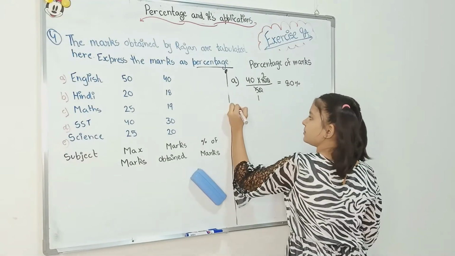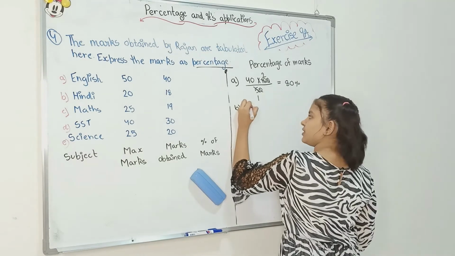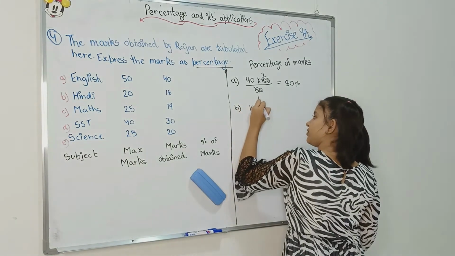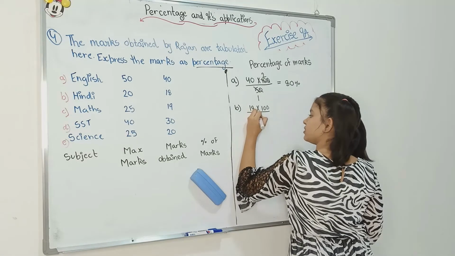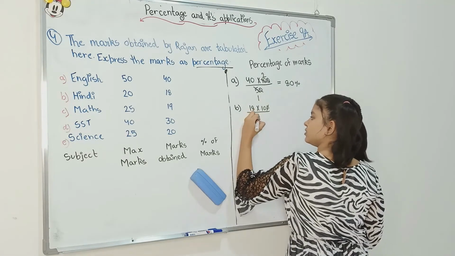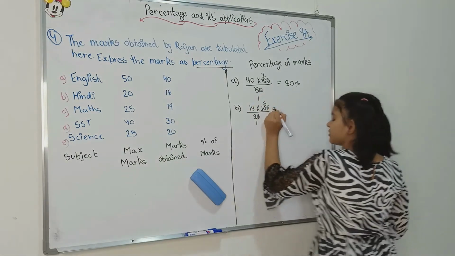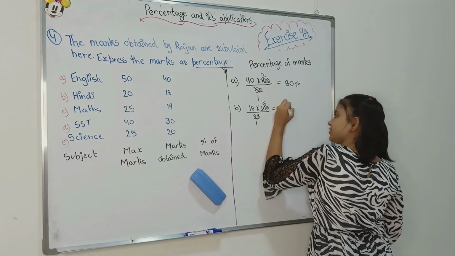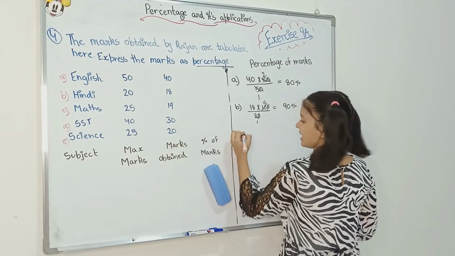Then in Hindi B, we will write it as 18 into 100 by 20. So 0 0 minus 2 and this was 5. So then our answer would be 90%. C, so C is maths.